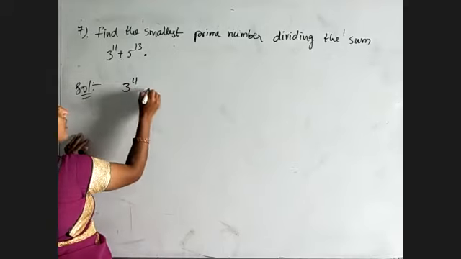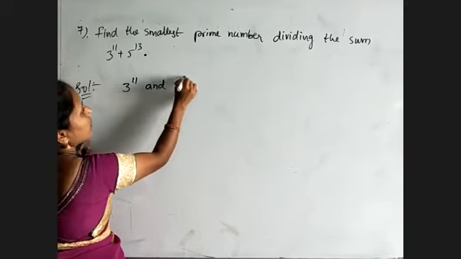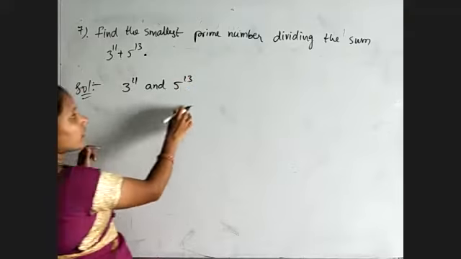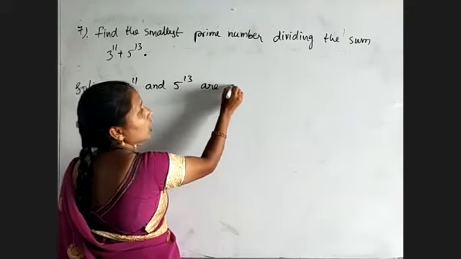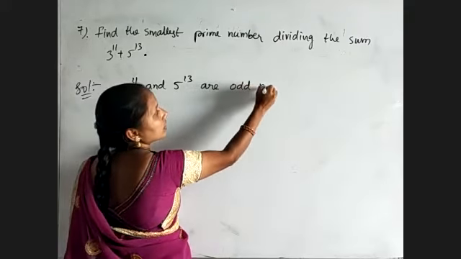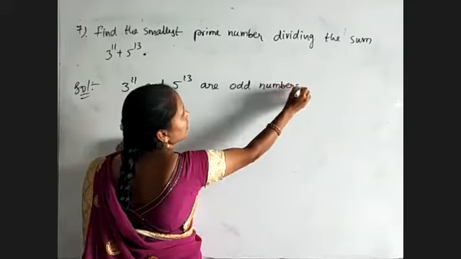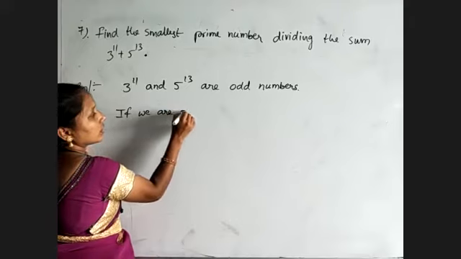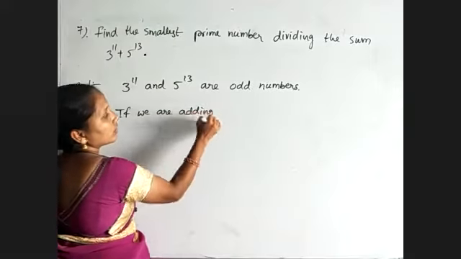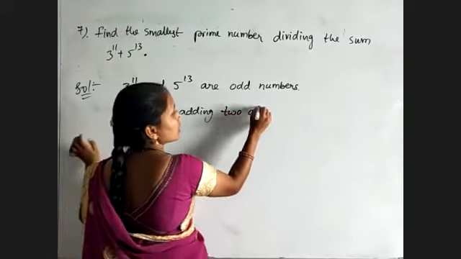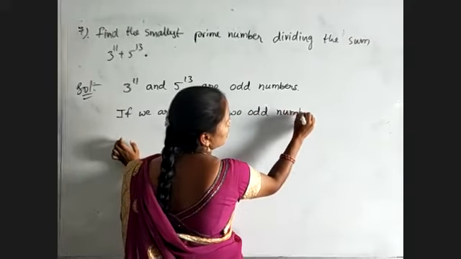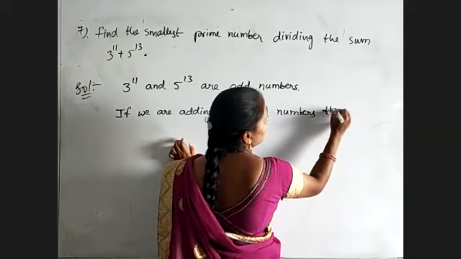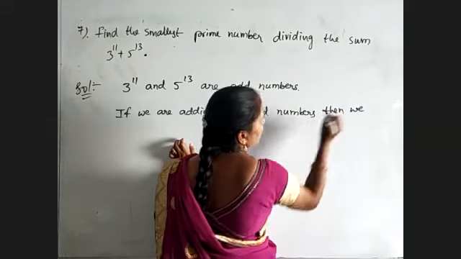3 to the power of 11 and 5 to the power of 13 are odd numbers. If we add two odd numbers, then the result is an even number.